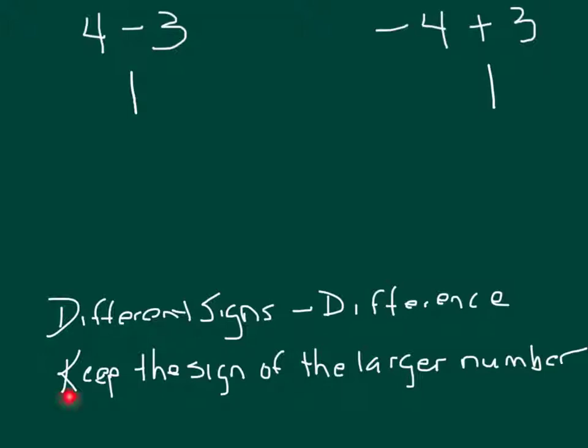And the same rule applies, keep the sign of the larger number. And the larger number still is 4, because we're doing the absolute value. Remember, absolute value is just the value of the number without the sign. So the value of negative 4 is just 4, and the value of 3 is 3. So 4 is bigger, and we keep the sign that's with the 4, and the sign that's with the 4 is negative, so our answer is negative 1.